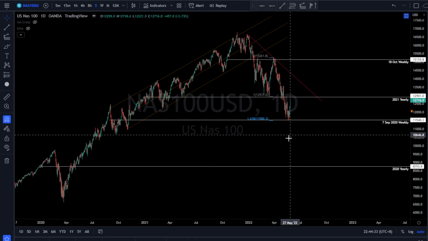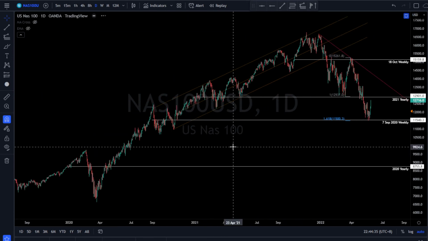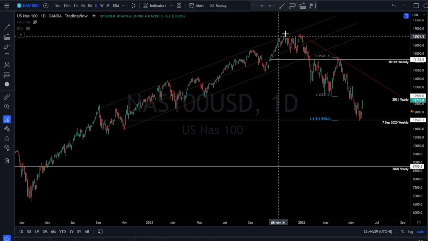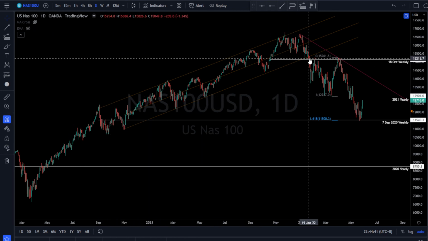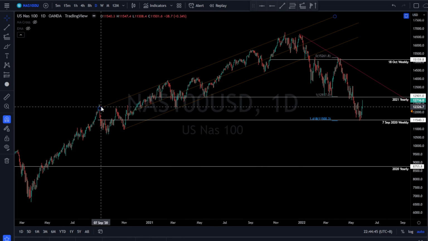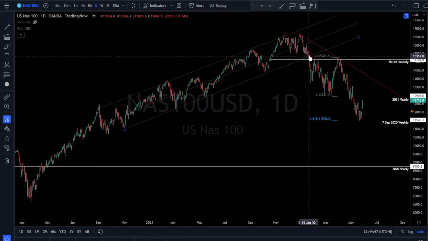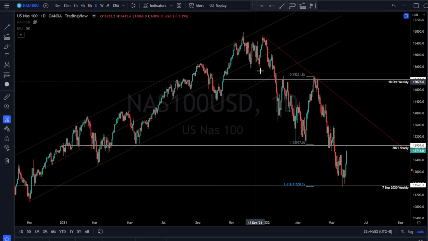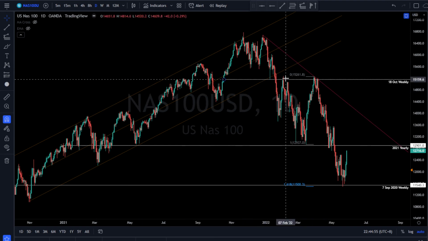Let me tidy up the charts a bit first. Okay, we had this nice channel here, upward channel, since the November 2020 elections. Okay, that failed, so it broke down. There was a retest and then failed, so that was a confirmation that this trend is over. And then it went down and then tested again and failed.